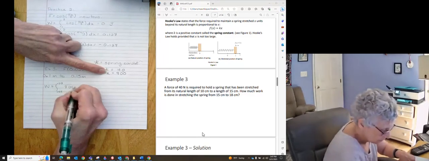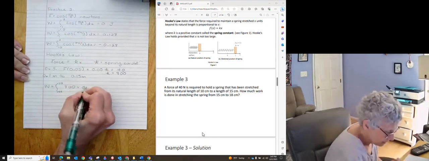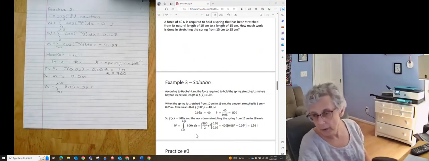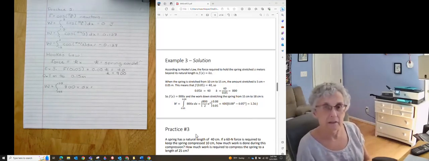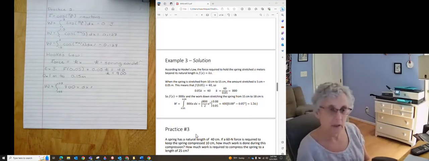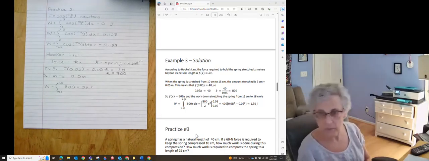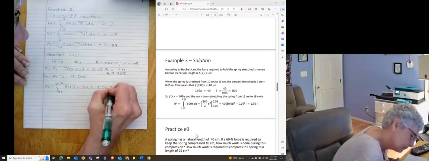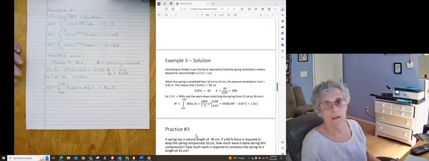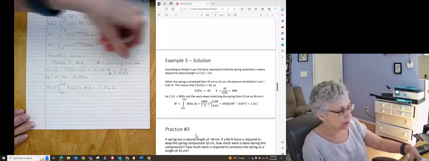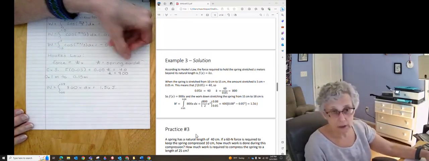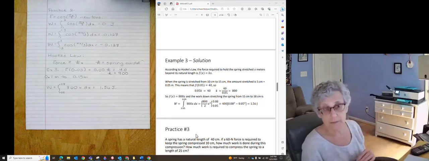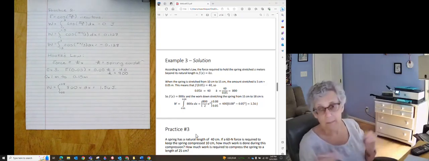The integral of 800 x dx. And now that one's super easy to find the integral of. You add 1 to the exponent, you divide by the new exponent, and you get 1.56 joules. So remember, force, the units are newtons. Work, the units are joules if you're in metric.